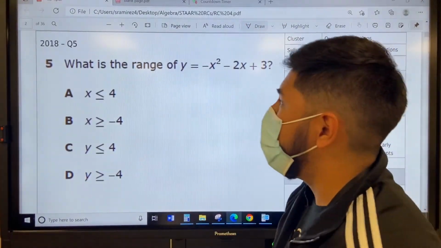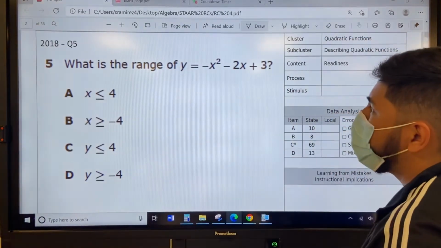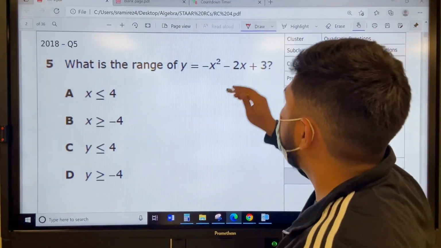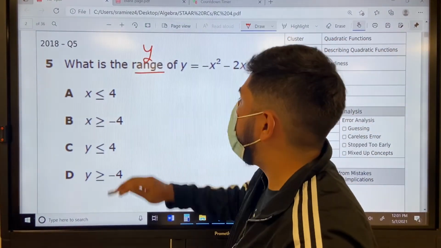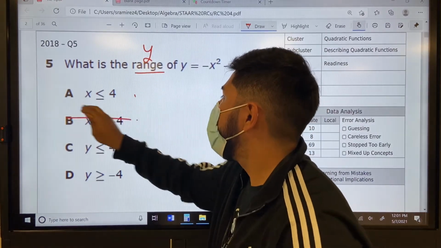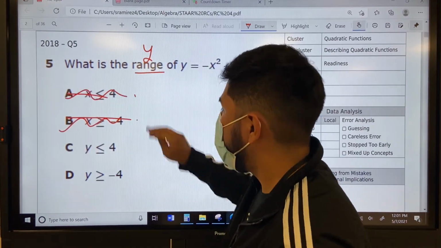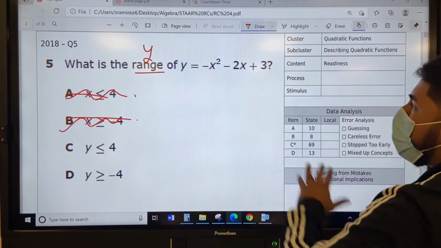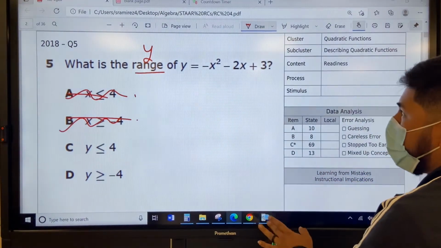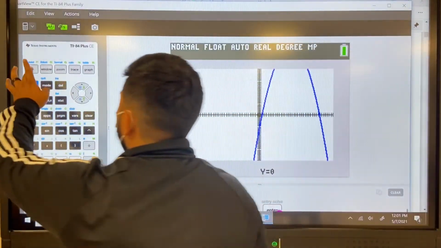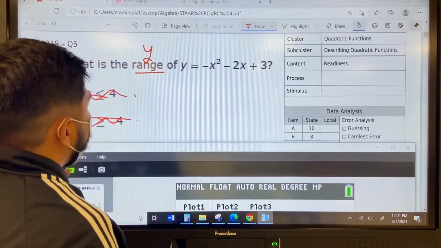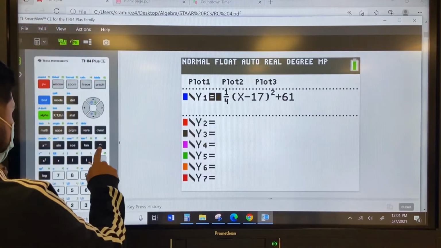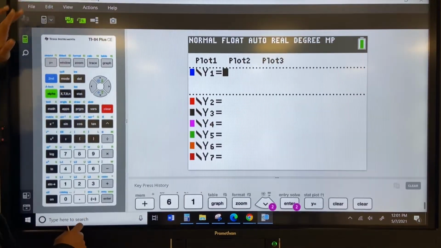Same thing here. Range, Y equals. Range, you should know it's Y. I don't like these ones. Let's go look at the graph real quick. Y equals negative x squared minus 2x plus 3. Negatives at the bottom.